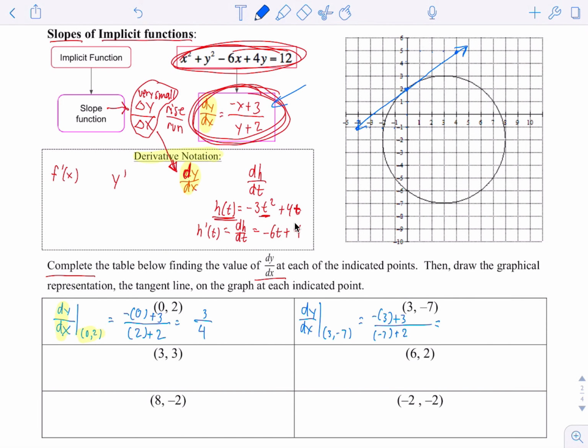And we see here that that's going to be 0 over negative 5, which is just 0. And so at 3, negative 7, hey, that's pretty cool. I see that my slope is a flat horizontal line, and that makes total sense to me. Okay, so what I would like you to do is do the rest of these 4 slopes to practice.